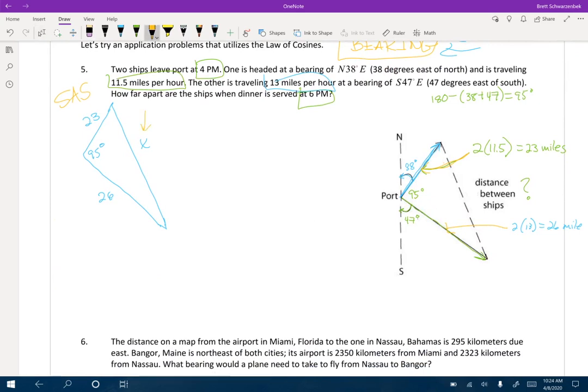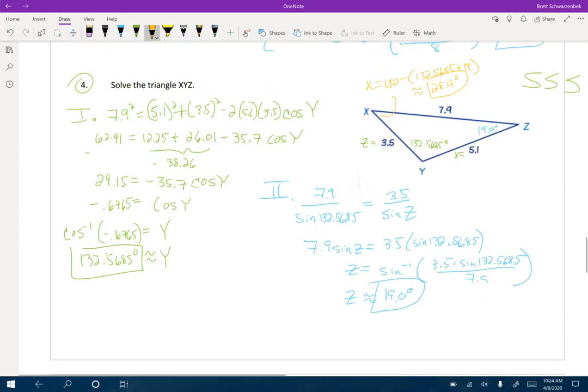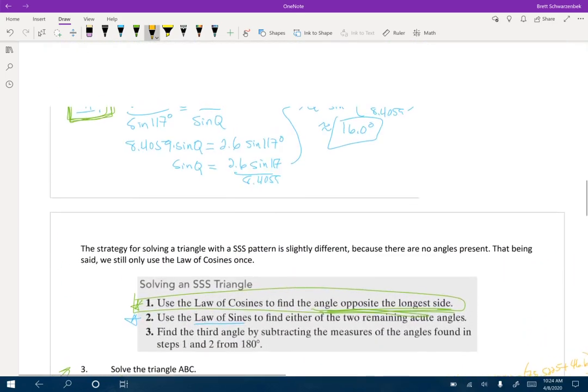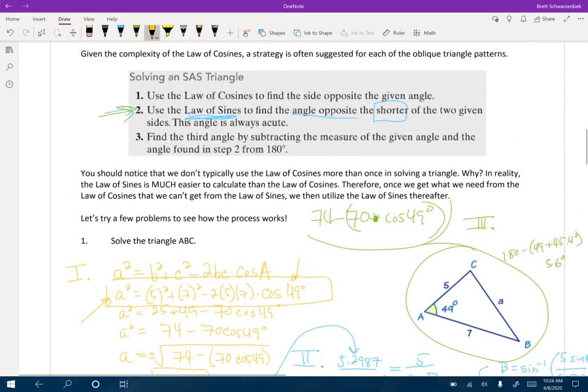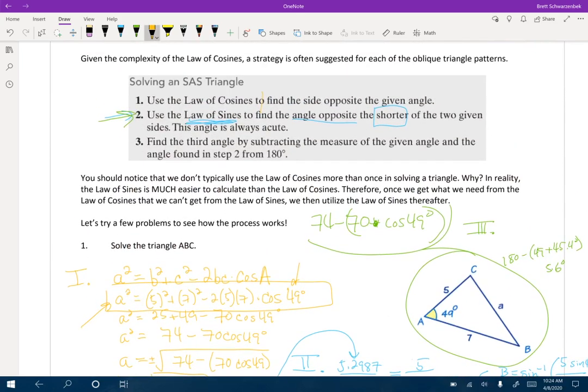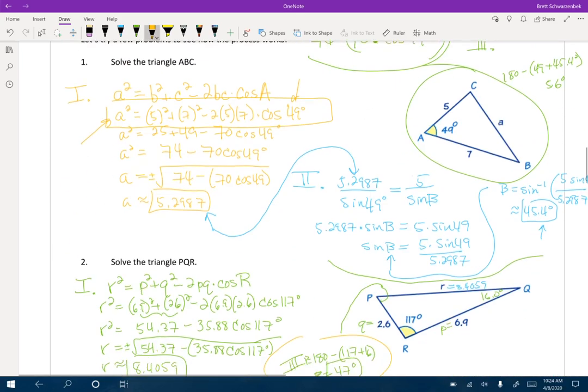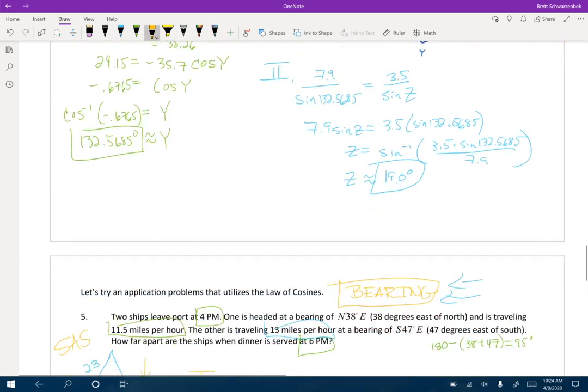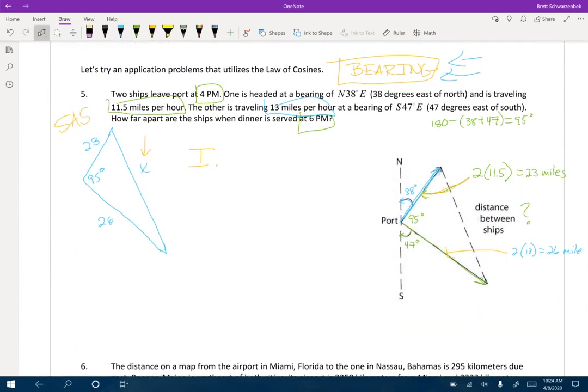So if we return to our side, angle, side scenarios, the first step was always to use the law of cosines to find the side opposite the given angle. Well, luckily enough, if we return to this problem, the side opposite the given angle is the side we need to know. So this is going to be a one-step problem.